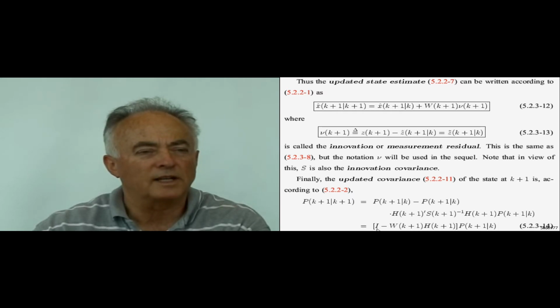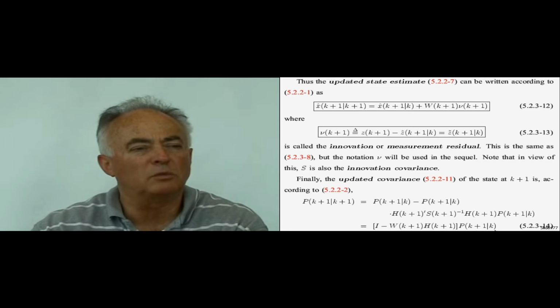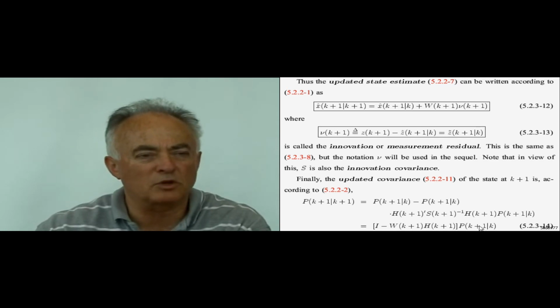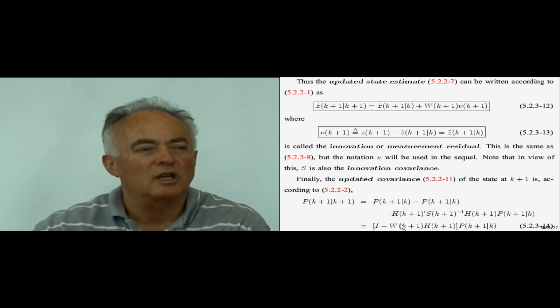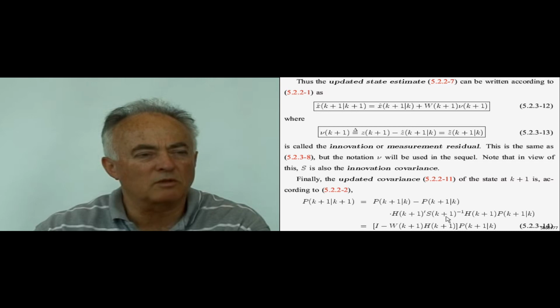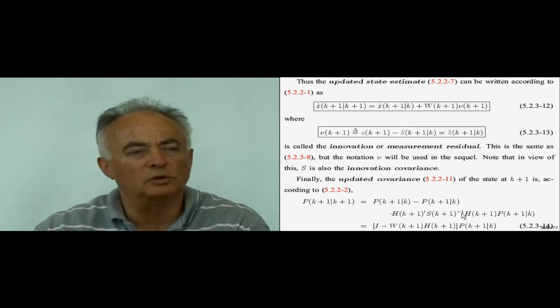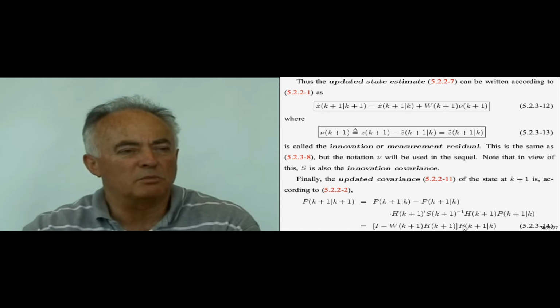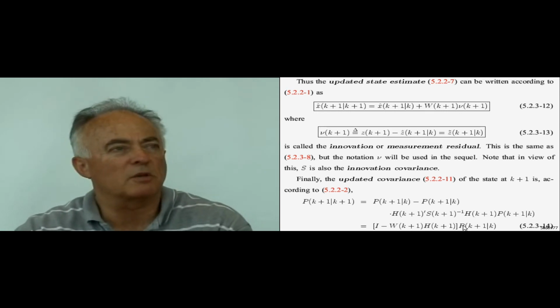We can write it in a shorter form by factoring out P k plus 1|k to the right and observing that P k plus 1|k, H k plus 1 prime, S k plus 1 inverse is W. So it's I minus WH times the prediction covariance. There are two forms, both are algebraically representing the same thing.